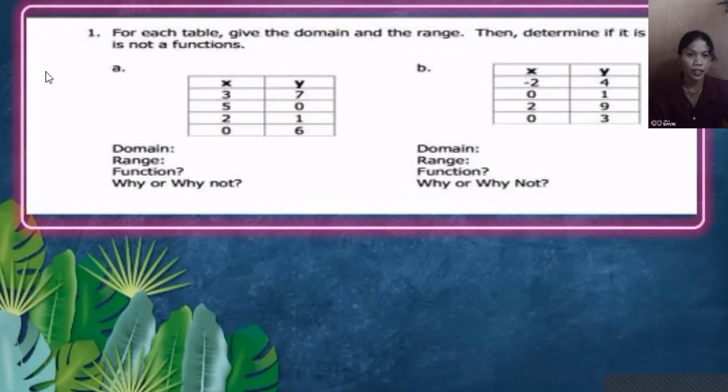If it is a function, say why; if it is not a function, say why not.